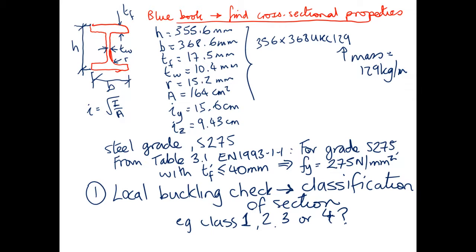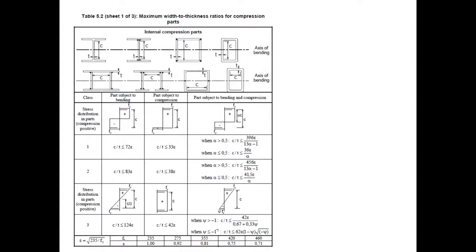So we need to decide what the classification of the section is going to be. We go to table 5.2 of EN 1993 part 1.